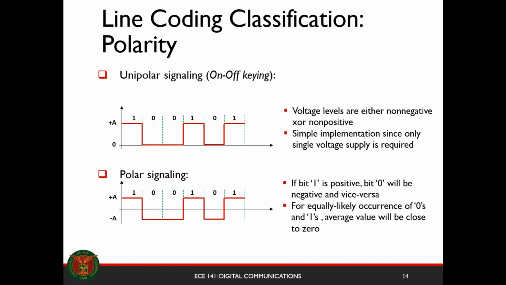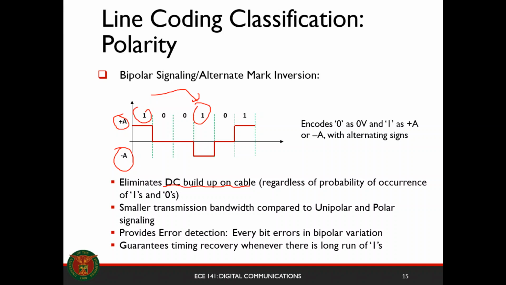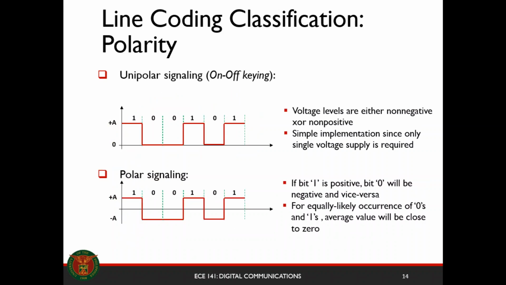Same with polar signaling. But for this, the alternating pattern would have the same bandwidth as your alternating pattern here. But what if we have some pattern like this: 1 0 0 1 0 0 and on?